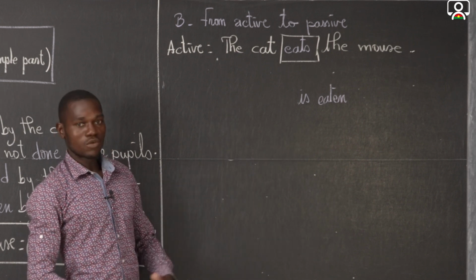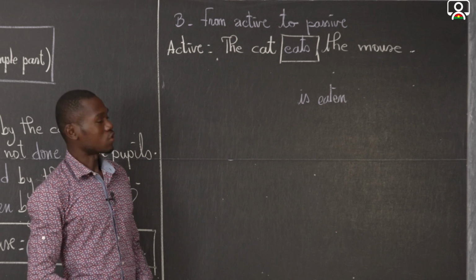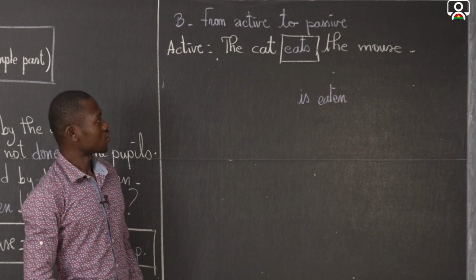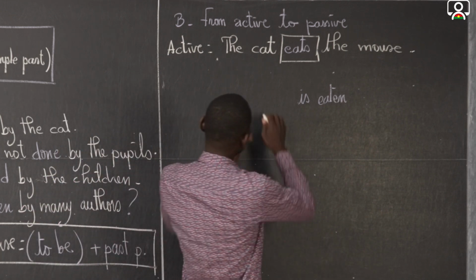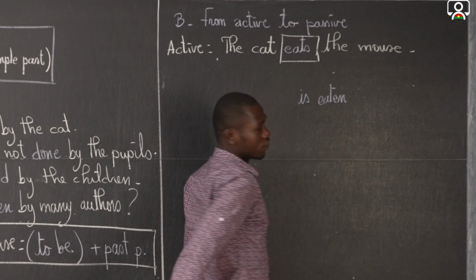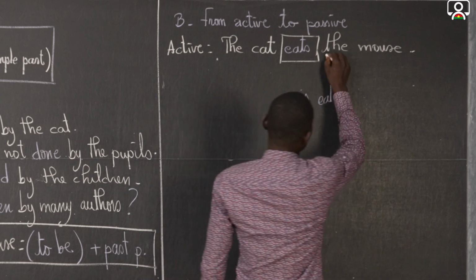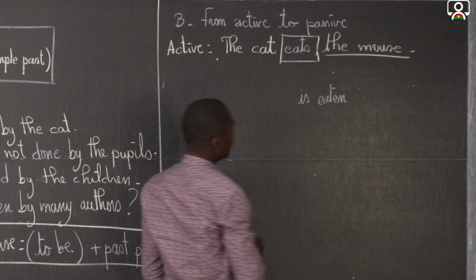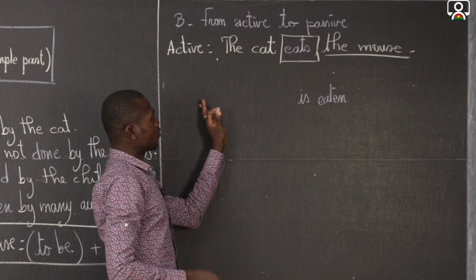The changes we have to make now for our sentence to be complete is that this is the subject, this is the verb, and this is the object. The object becomes the subject in the passive.